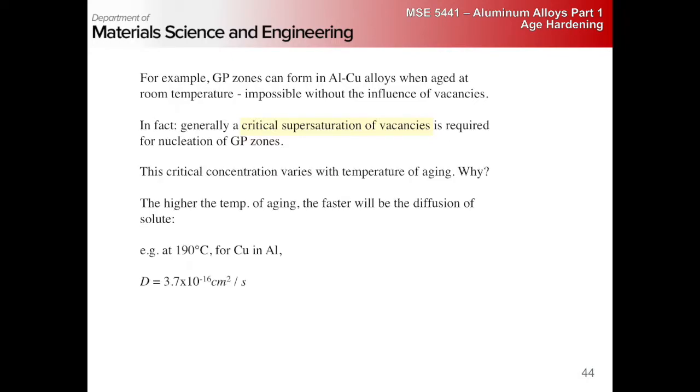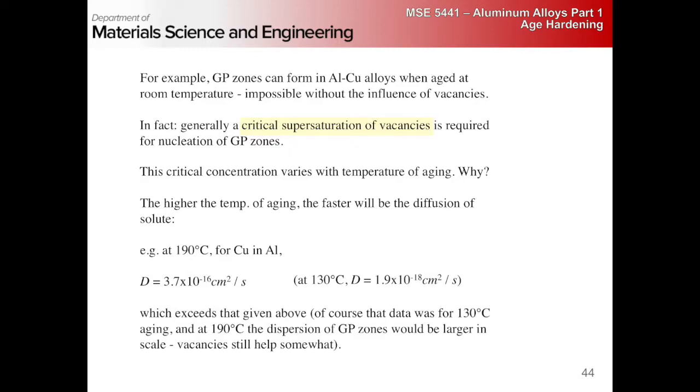So why is this? Well, the higher the temperature, the faster your diffusion. Eventually you get to a high enough temperature where your mobility is great enough that you don't need the excess vacancy concentration. But at lower temperatures, you do.